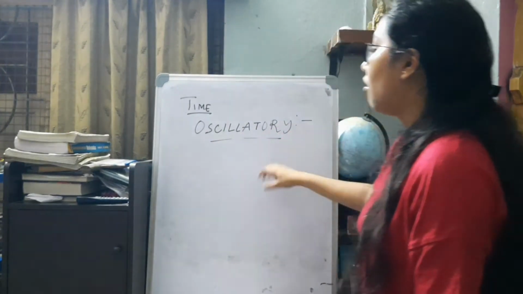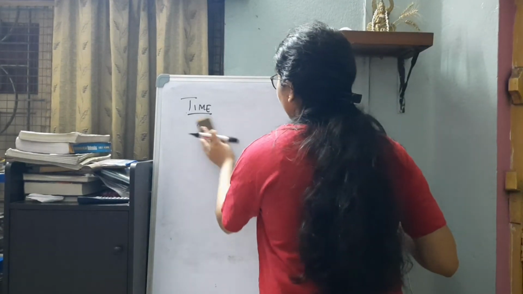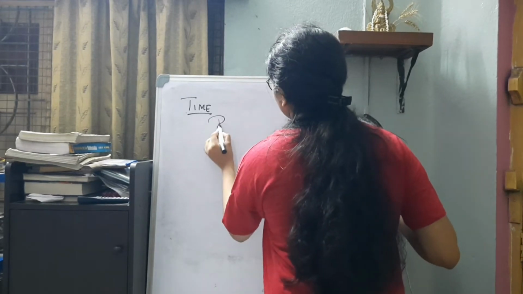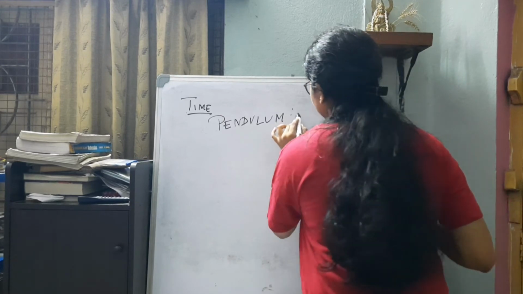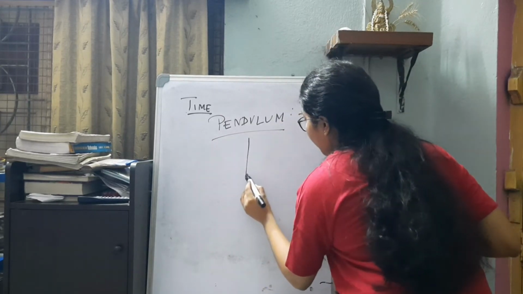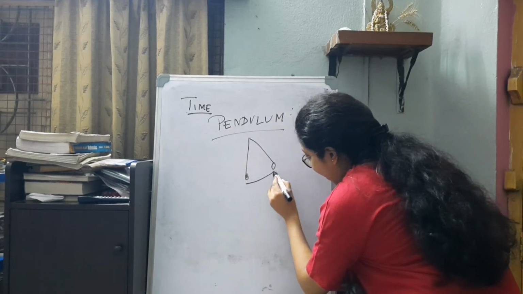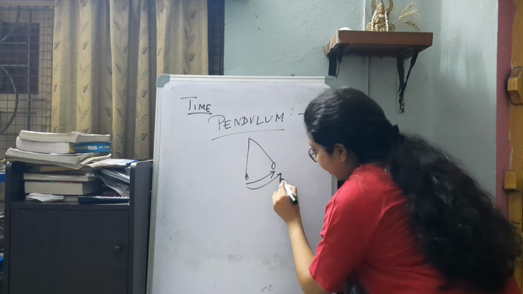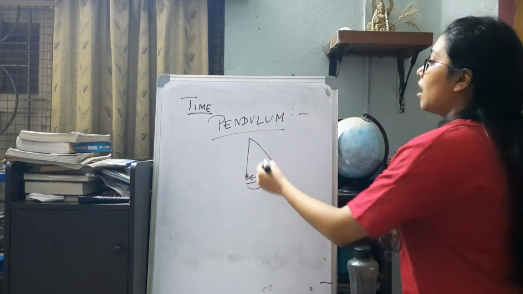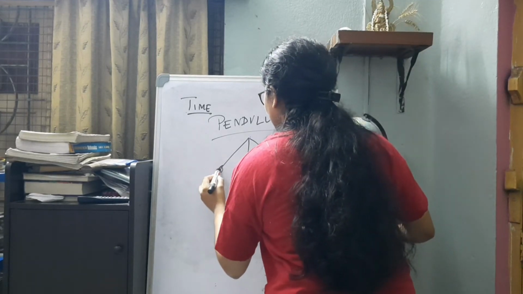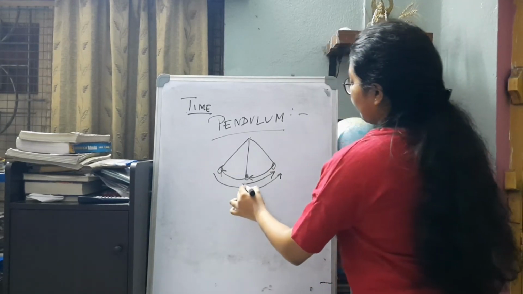Now with respect to oscillatory motion, the most common thing we have to study is a simple pendulum. For a simple pendulum, what is the total time period? The moment it starts, moves to the maximum possible end, has one amplitude, and returns back. Again it moves towards the maximum possible end and returns back.